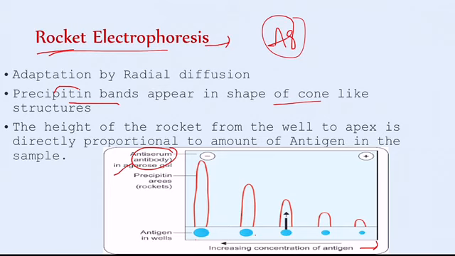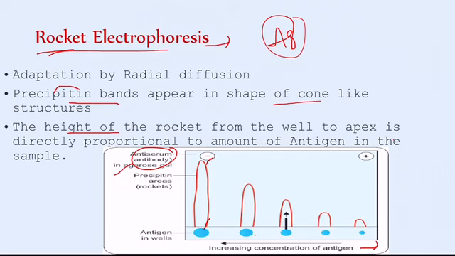Now this is electrophoresed. The electric current is passed through the gel that facilitates the migration of antigen into the agar. This results in the formation of a precipitin line that is conical in shape, resembling a rocket. The height of the rocket from the well to the apex is directly proportional to the amount of antigen in the sample.